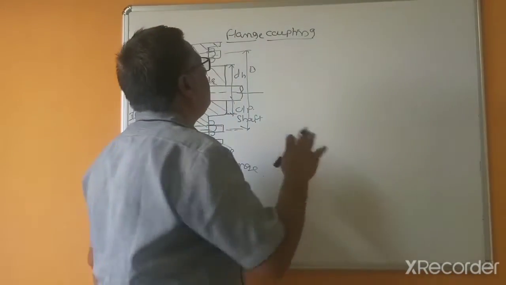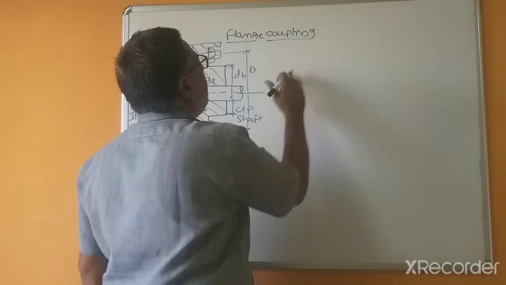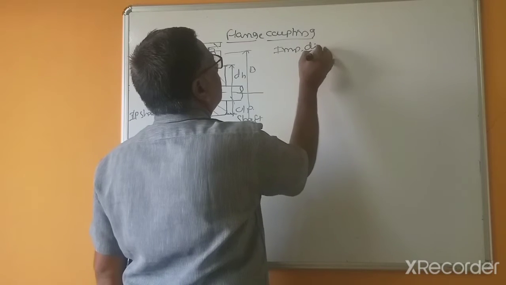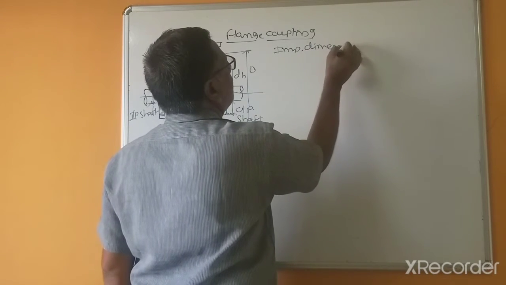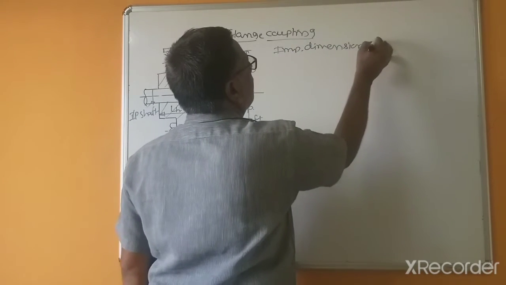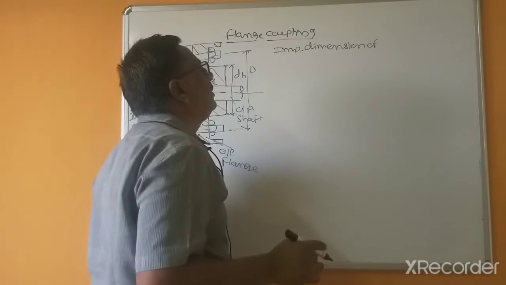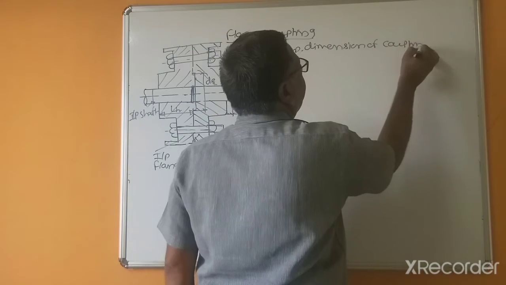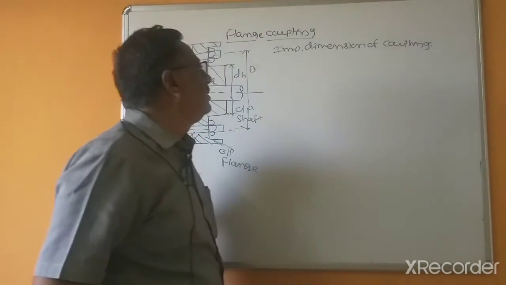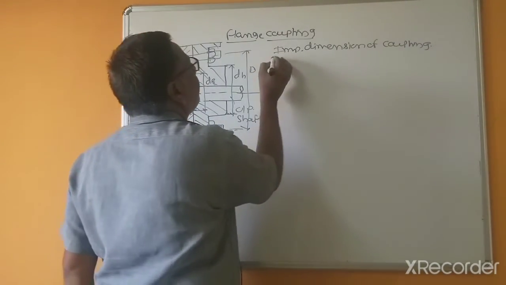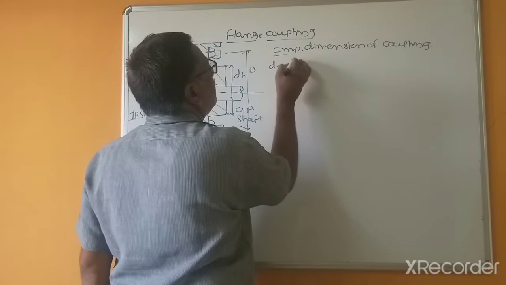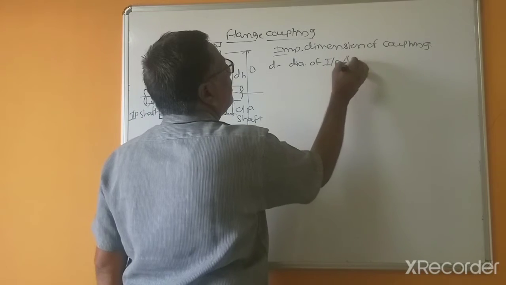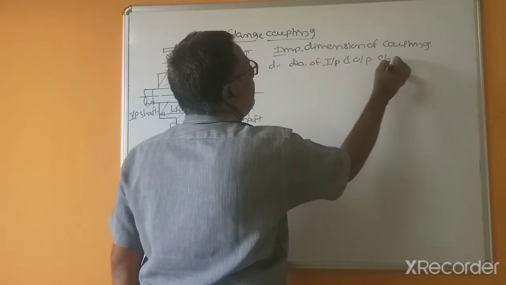Now first we'll see the important dimensions. Dimensions of coupling. So small d is the diameter of the input and output shaft.